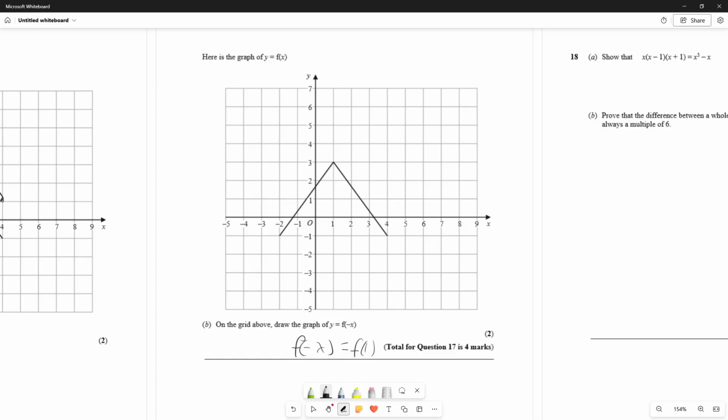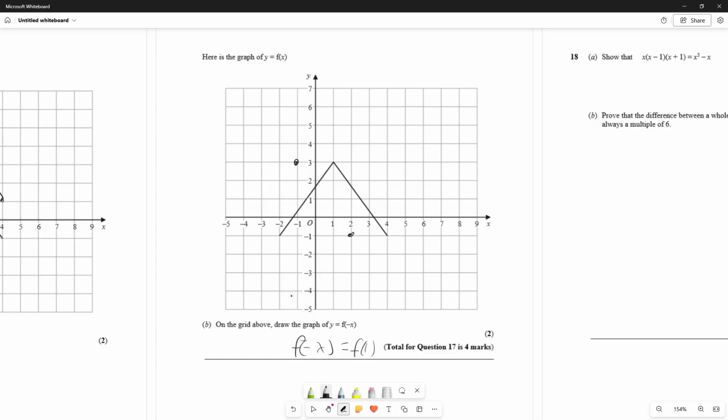Notice if we make x equal to minus 1, we get f of 1. So f of minus 1 would be f of minus minus 1, which is f of 1, and the value at 1 is 3. That makes sense. Let's look at 2. If we plug in 2 as x, we get f of minus 2. What is the value at minus 2? It's minus 1. That's the y value, so we plug that in there.